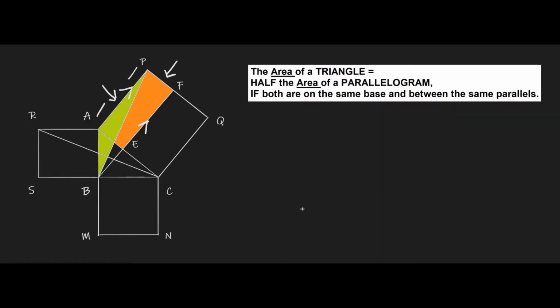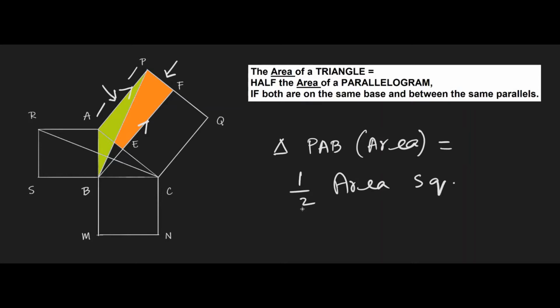So once again, in this case, triangle PAB's area would be equal to half the area of the rectangle PAEF.